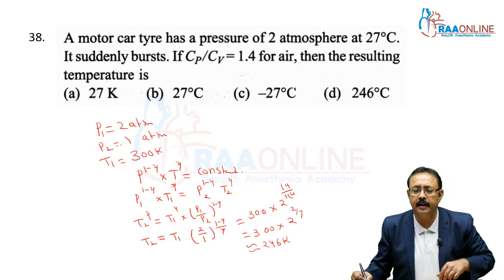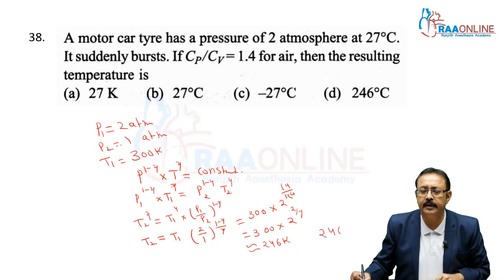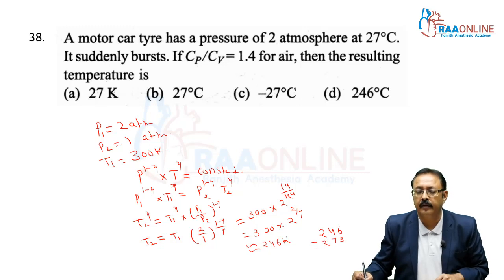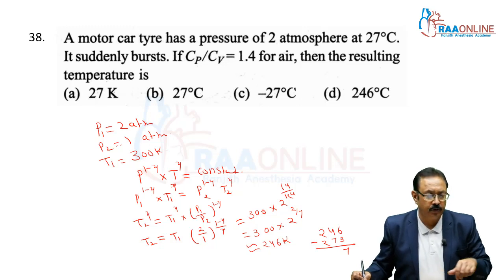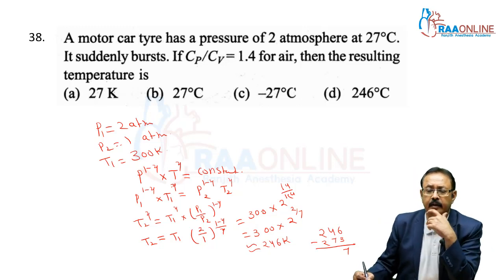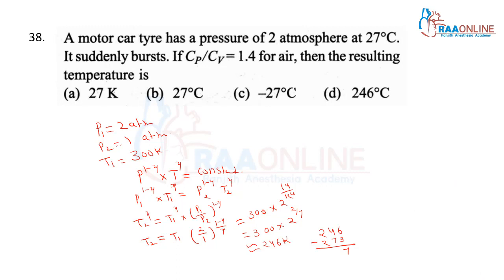So, in degree Celsius, 246 minus 273. What nearly will we get? It will come near about 246 or 250. 2 raised to the power 2 by 7 we can calculate by a simple calculator, they are allowing us.